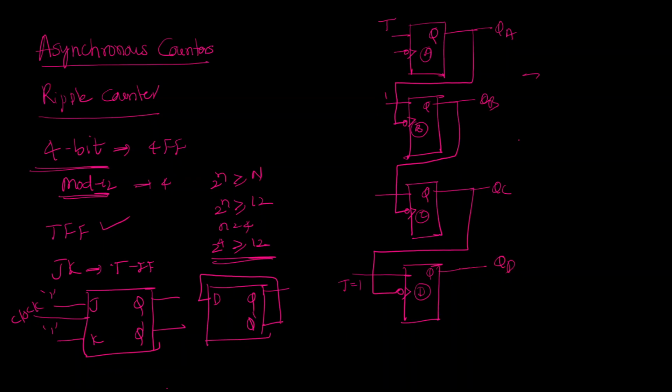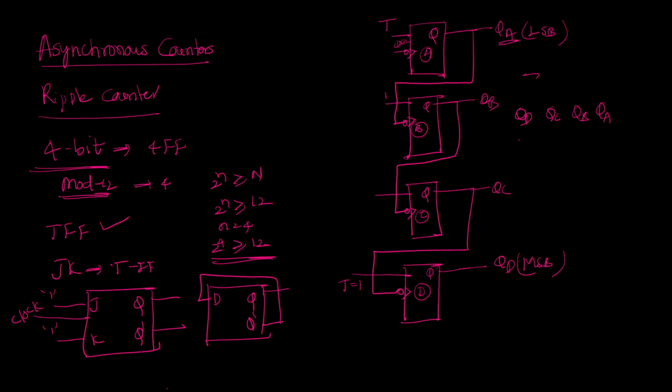Wherever we are applying the very first clock, here is the clock, that is the LSB. Whatever output we are getting acts as a clock for the next flip-flop, which is the next bit. So the overall MSB is this. You can observe QA, QB, QC, QD.